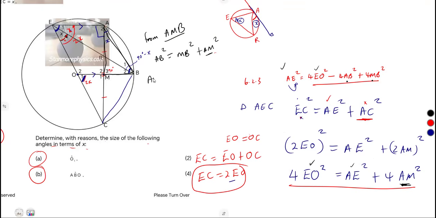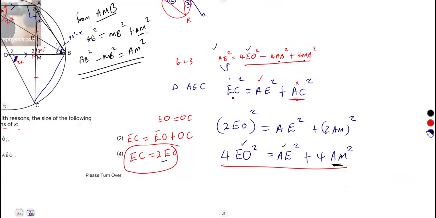Let's make it the subject. So it's going to be AB squared minus MB squared, that's equal to AM squared. So that is it. So using this AM squared, we can play around from our Pythagoras. This is where we are, so we can substitute this. Want to get rid of this, the one that we do not have on our formula here.